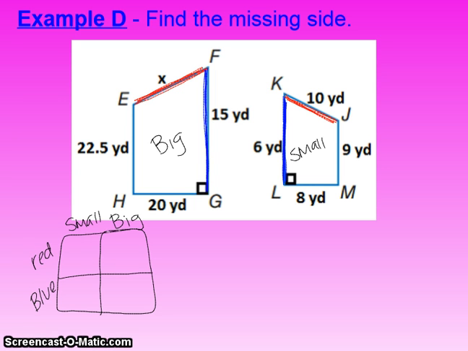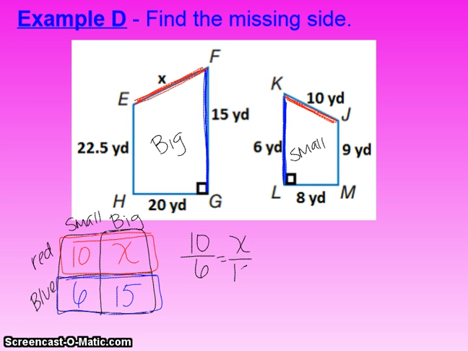So my small red one, because remember that this will all be red and this will all be blue. So my small red one I have 10. My big red one I have X. My small blue one I have 6, and my big blue one I have 15. So let's go ahead and rewrite this. So I have 10 over 6 is equal to x over 15.